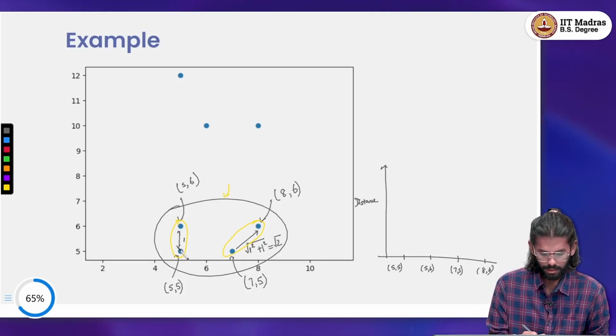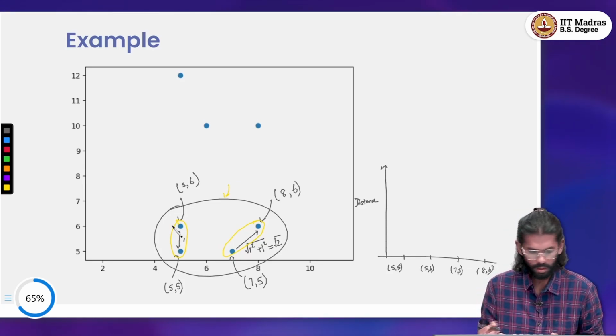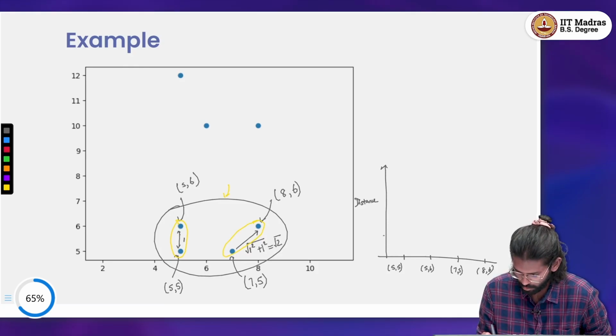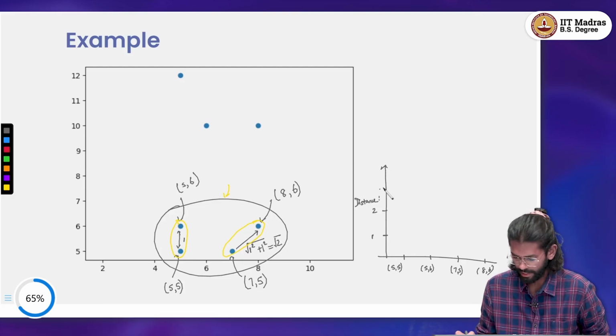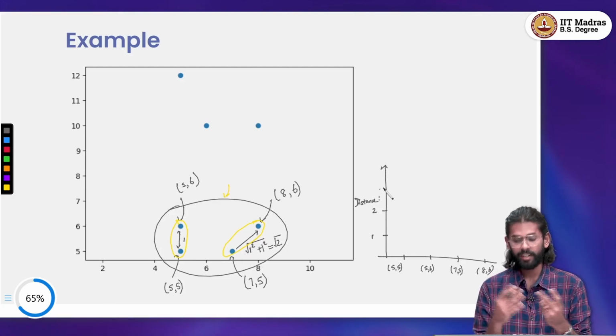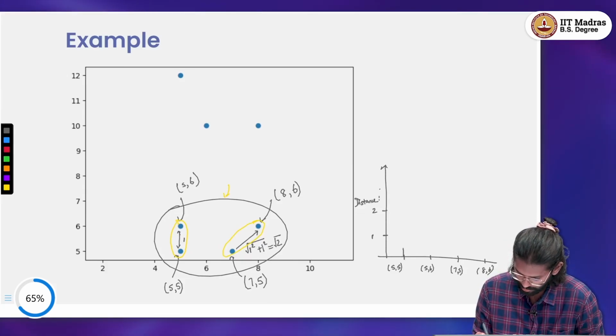Now the distance between 5 comma 5 and 5 comma 6 was 1. So along this distance axis, perhaps this is 1, this is 2, and so on. Since we combined 5 5 and 5 6 while they were at a distance of 1 unit apart, we will draw these lines here.